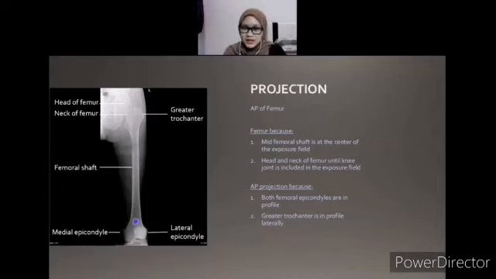And I say this is an AP projection because both of the femoral epicondyles, medial and lateral epicondyles, are in profile, and the greater trochanter is in profile laterally.